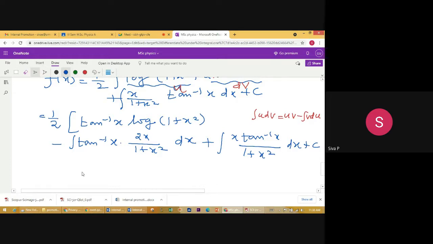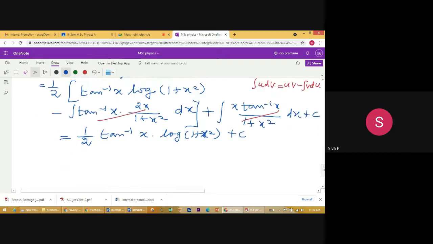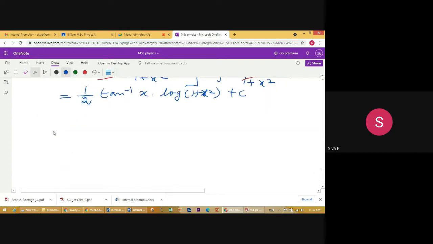So that is equal to 1 by 2 tan inverse of x log 1 plus x square. Here the 2 gets cancelled, both of them get cancelled, and the remaining thing is tan inverse x log 1 plus x square plus c.